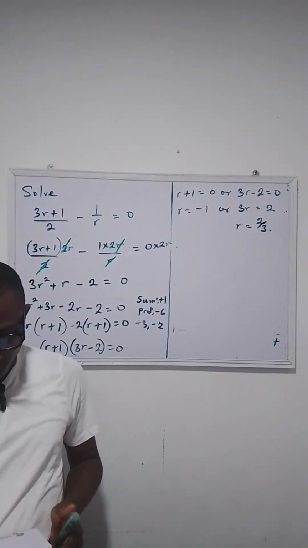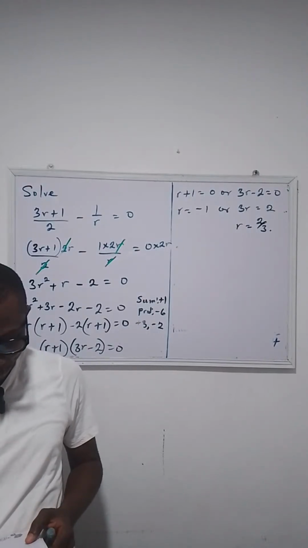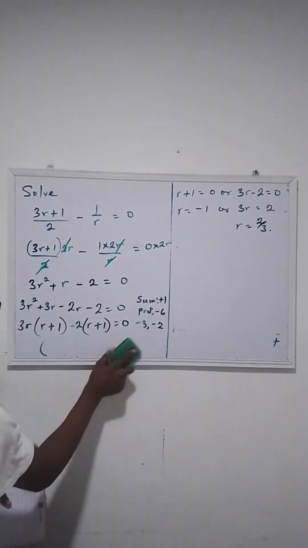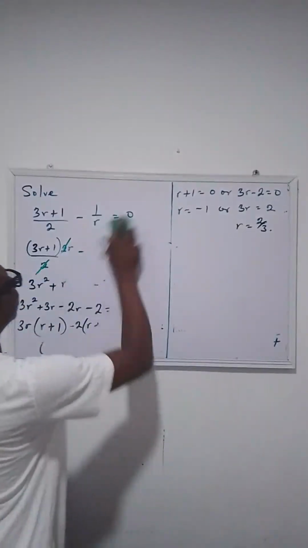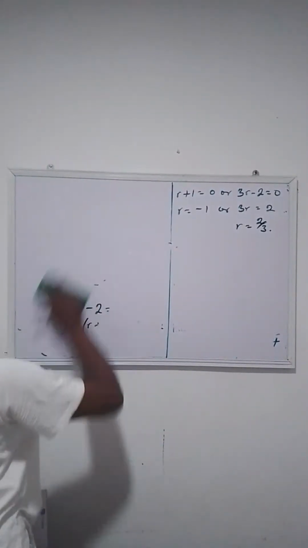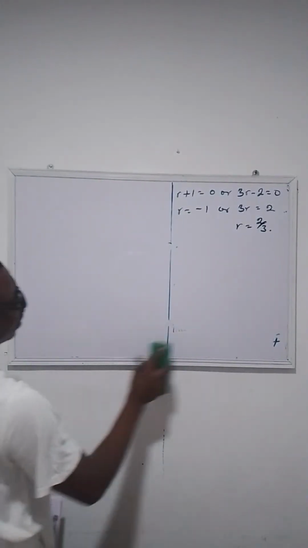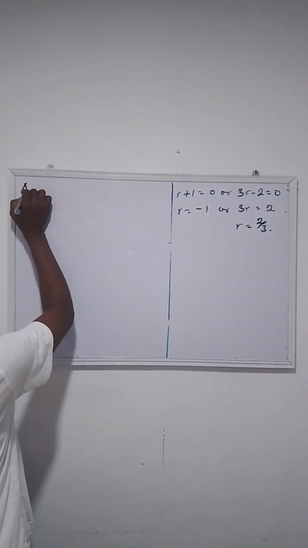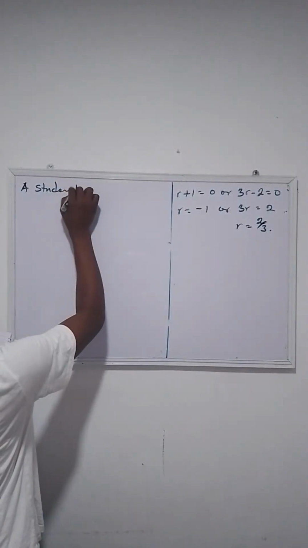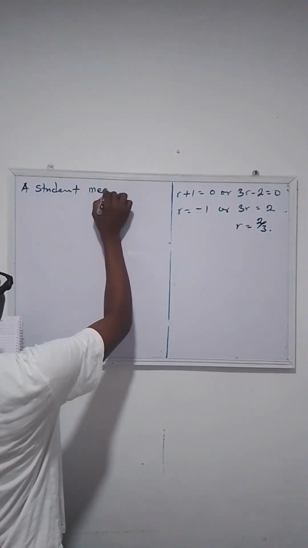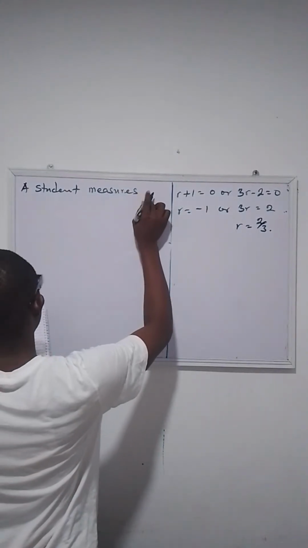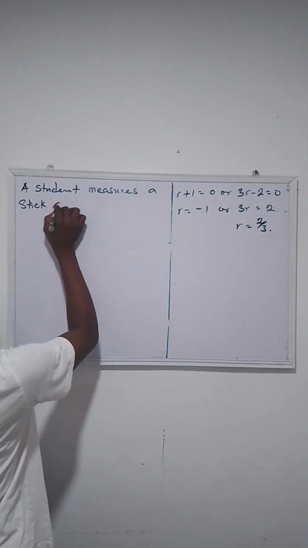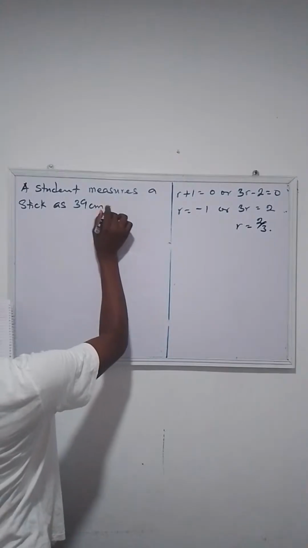All right, so I'm picking this one on the approximation. Okay. A student measures a stick as 39 centimeter long.